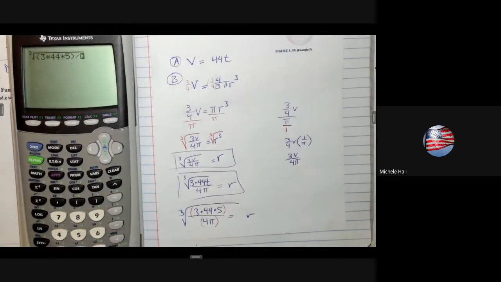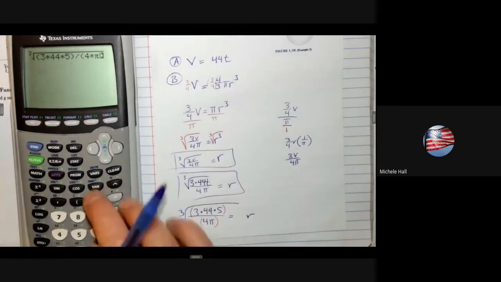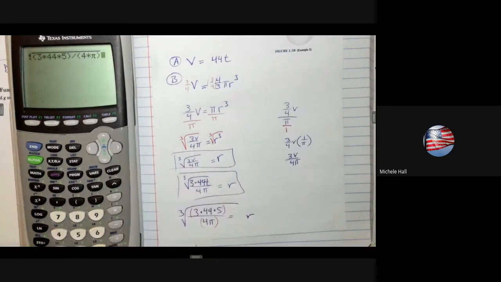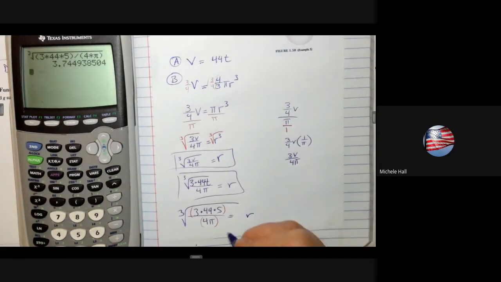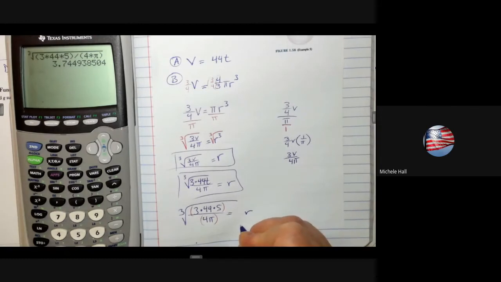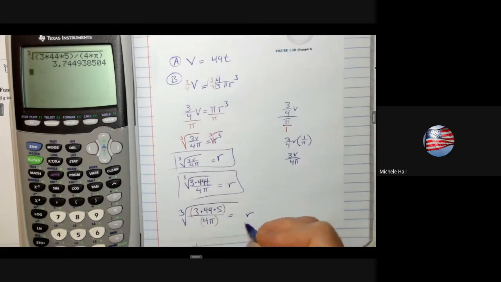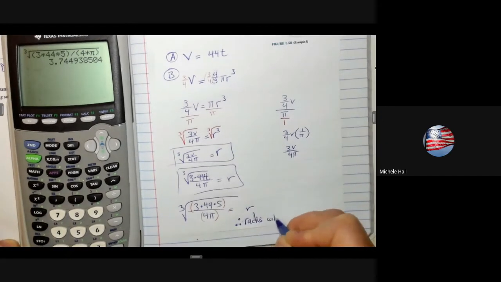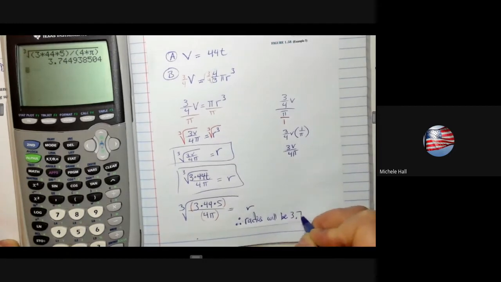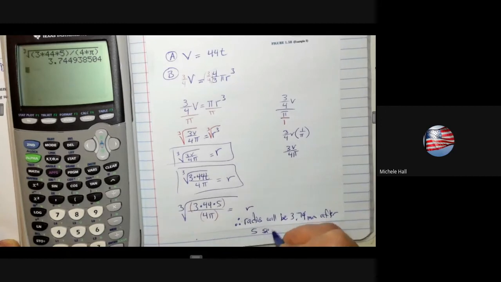And then divided by, open parentheses, 4 times pi, close my parentheses and get out from underneath the radicand, and we have 3.74. The radius will be 3.74 millimeters after 5 seconds.